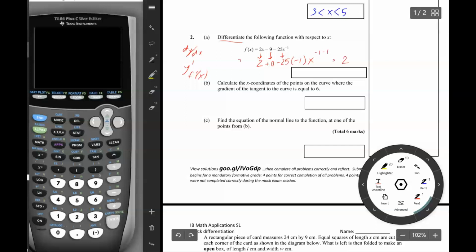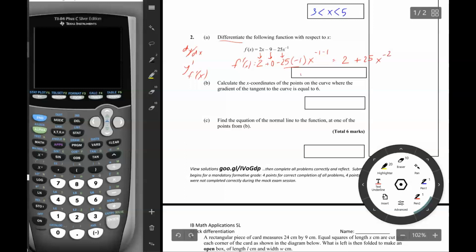If I want to put it equal to something, I could say f dash of x equals. It's not correct to say f of x equals, because this is the derivative. It's not the original function. So I'm going to write 2 plus 25, because negative 25 times negative 1 is positive 25, x to the negative 2. Okay, so that's my derivative function.